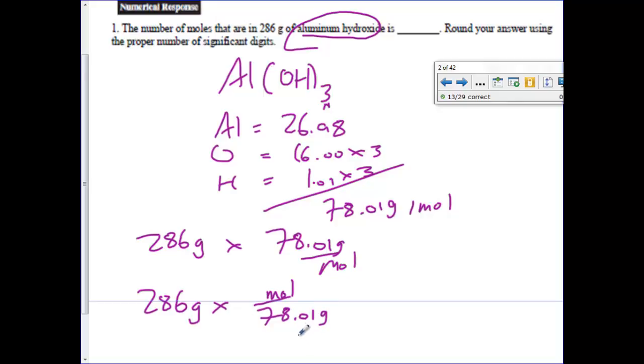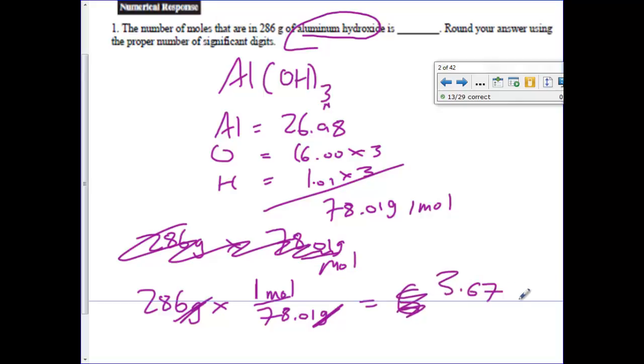And I'm hoping that as you get more comfortable with this, you'll recognize that this gram and this gram, they don't cancel. This gram and this gram, they do cancel. So this is not right. This one is right. Are you actually timesing these though? You're dividing. Like you could times by 1 and then divide by 78. So long story short, the answer was 3.67.